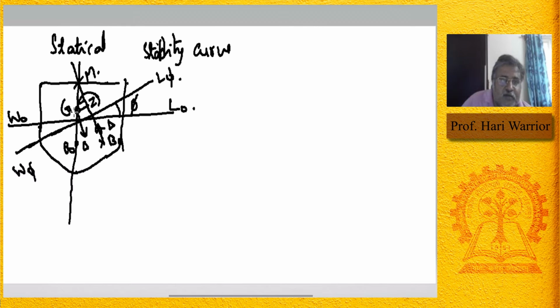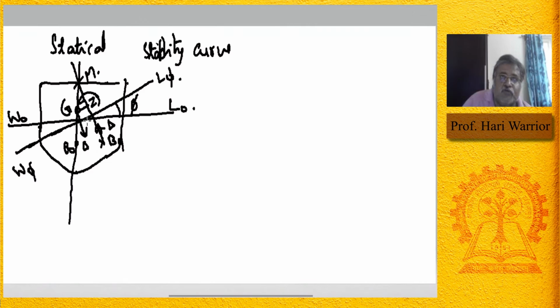So I drop a perpendicular from G onto this line, and that is Z. Remember one thing, these terms are not used interchangeably. You cannot use B for gravity, just like you cannot use Z for anything else.